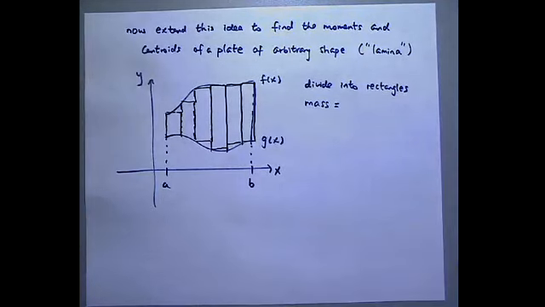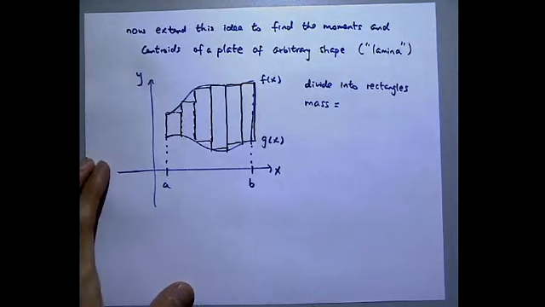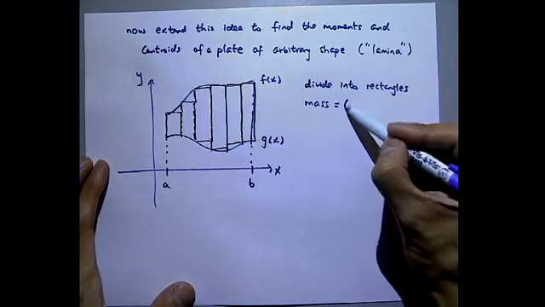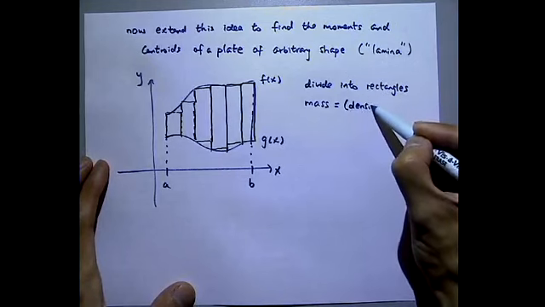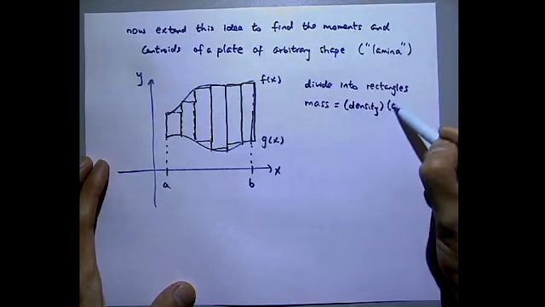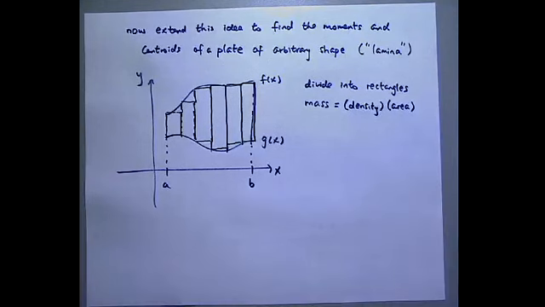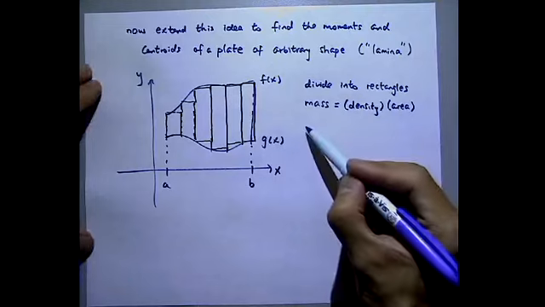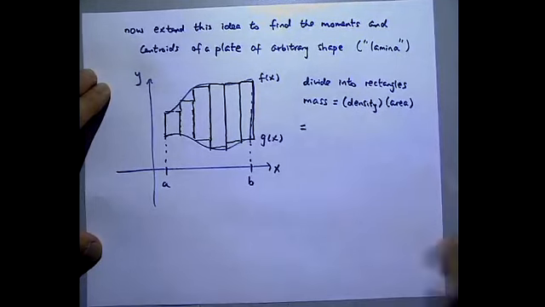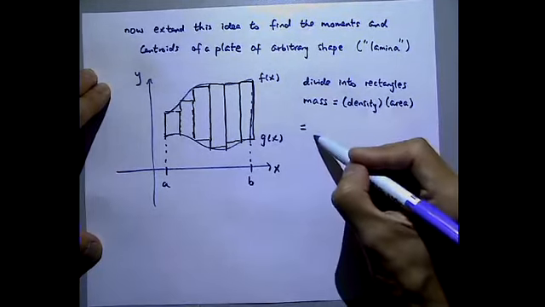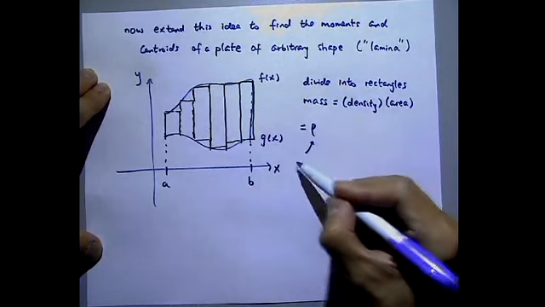And how would you calculate the mass of each rectangle? It's the density times the area, right? How big is this thing and how dense it is. So that will give you the mass of each rectangle. Density is normally denoted by the lowercase Greek letter rho.